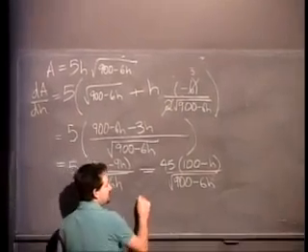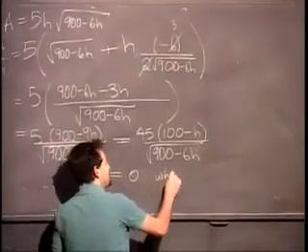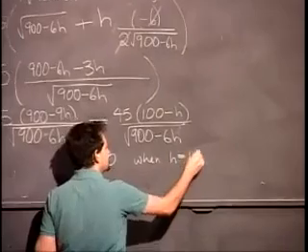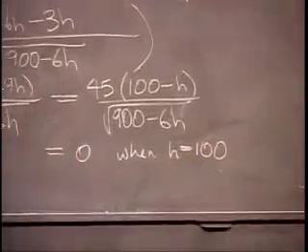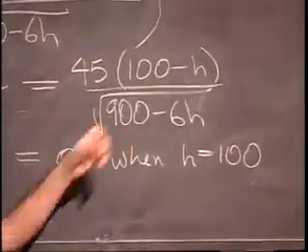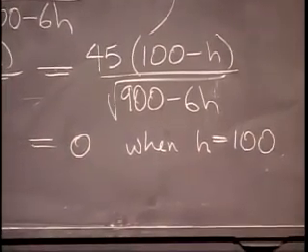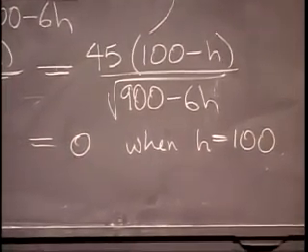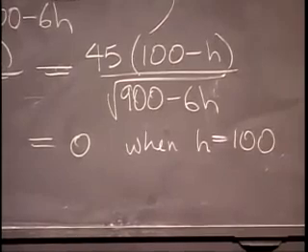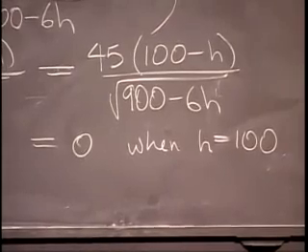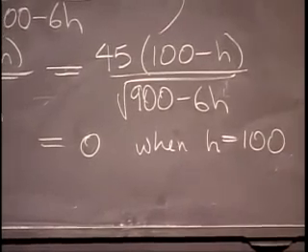Well, it's quite clear that this equals 0 only when h equals 100. That's clear. The denominator is always positive or not defined. Could be 0, I guess, when h equals 150. But there you have it. There's the derivative. There's the critical point when h equals 100.